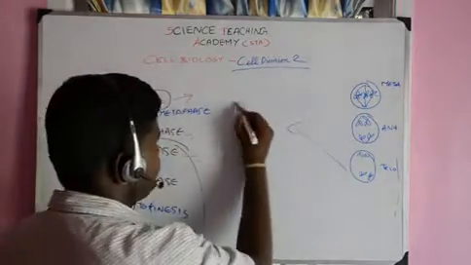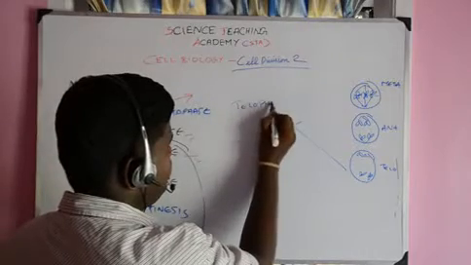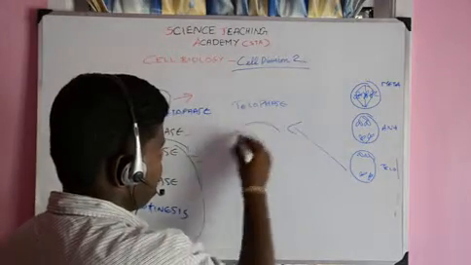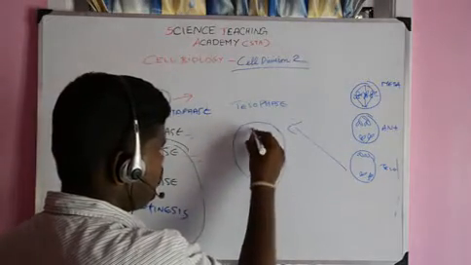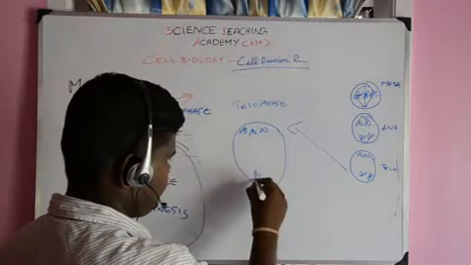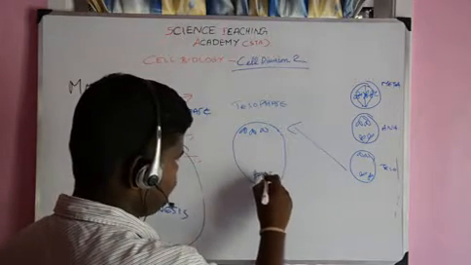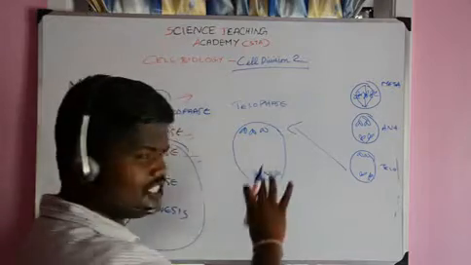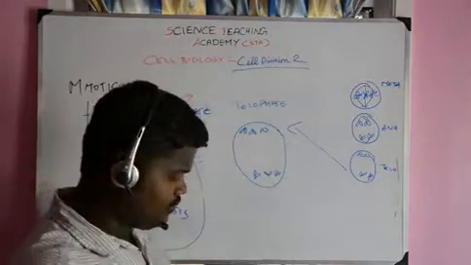Now I will talk about telophase. In telophase, the chromatids come to the extreme ends of the two opposite poles. The two sisters were completely separated. This is what I mean to say.